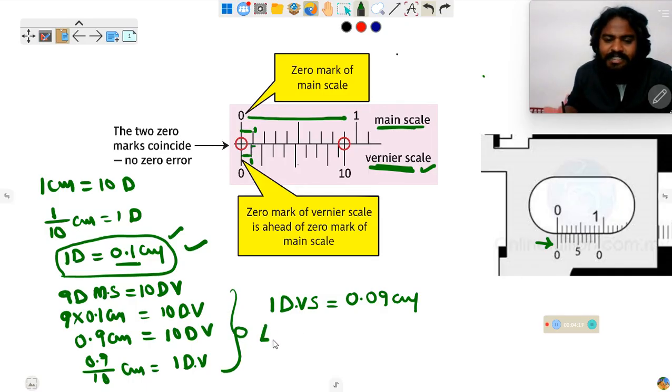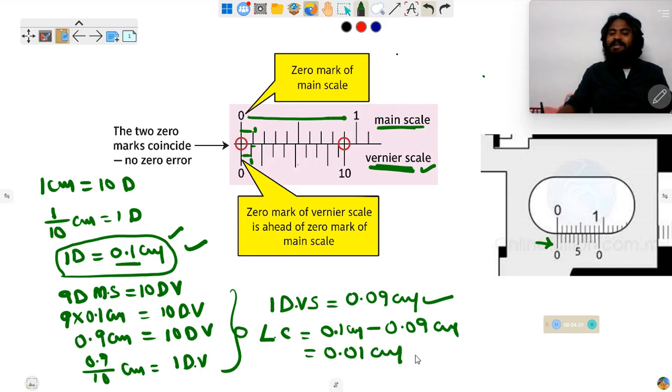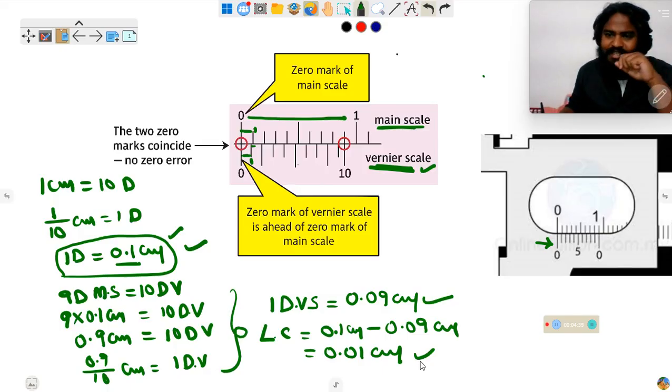So now least count is nothing but one main scale division. What is one main scale division? 0.1 centimeter, right? Minus one Vernier scale division. What is one Vernier scale division? 0.09 centimeter. Now if you do this, you will get 0.01 centimeter, right? This is the least count of the Vernier scale.